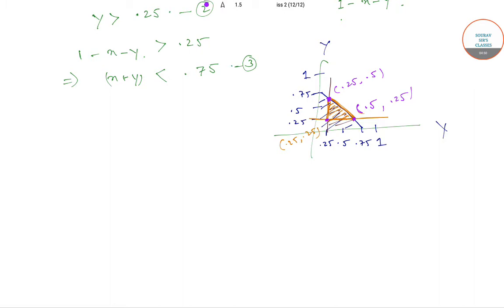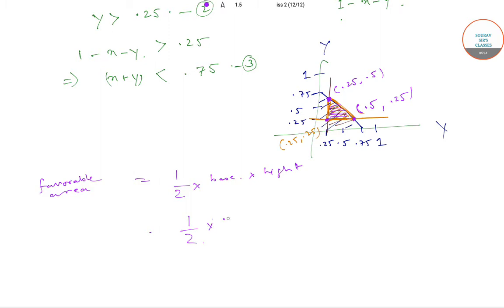Now the area of this region, so it is half into base into height. This is the favorable area. So this is equal to half into base into height. Now our base is 0.25, as we can see, 0.5 minus 0.25 is 0.25.